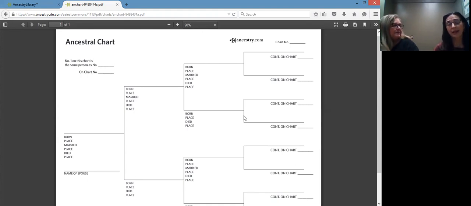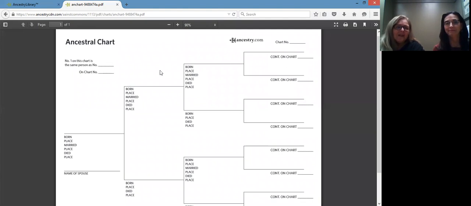It's at a glance quicker than the other one because you're looking at how many generations there are: yourself, your parents, your grandparents, and your great grandparents. So four generations you're actually looking at on the same page. So it's a quick reference when you're out in the field looking for information.